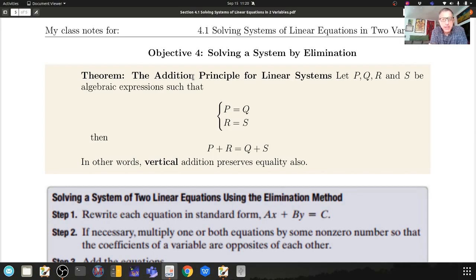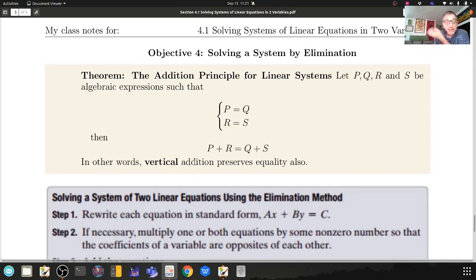If P is equal to Q and R is equal to S, then I can add those two equations together, and I get P plus R is equal to Q plus S. In other words, vertical addition preserves equality too. I'm literally adding going down. You could also subtract.